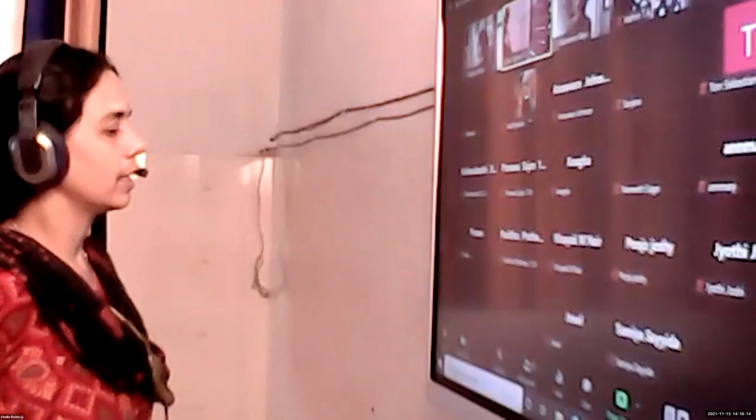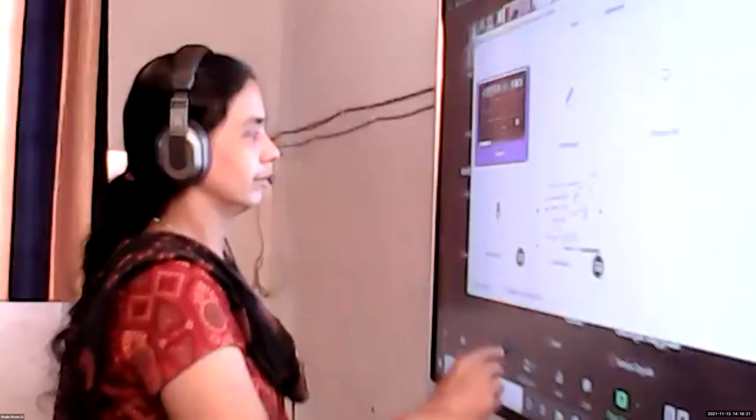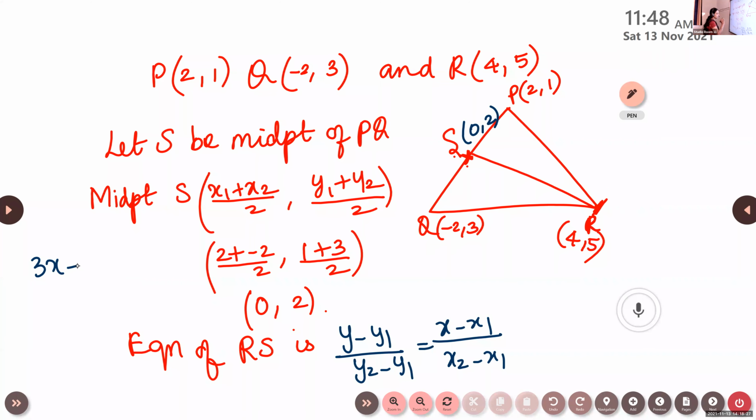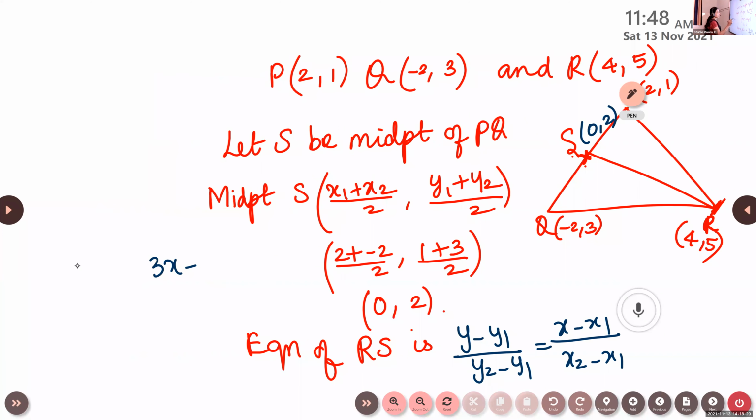Give me the final answer. Naurin? Equation of the line: 3x minus 4y plus 8 is equal to 0.